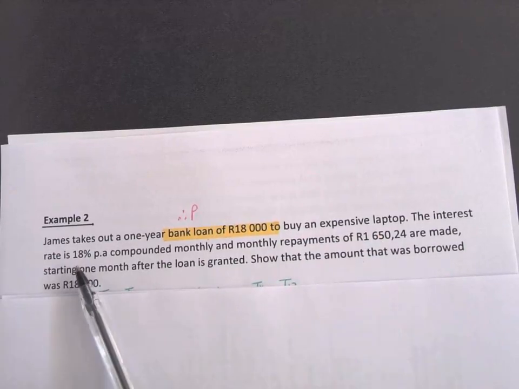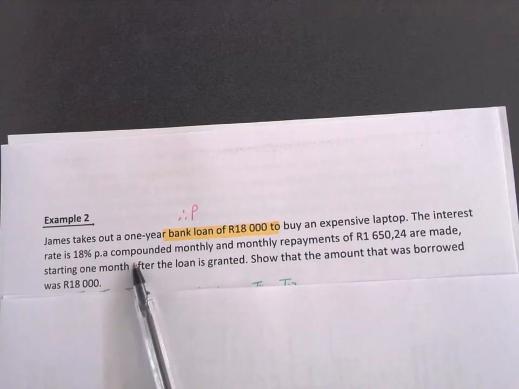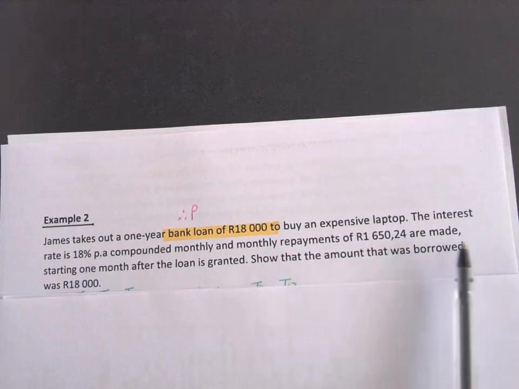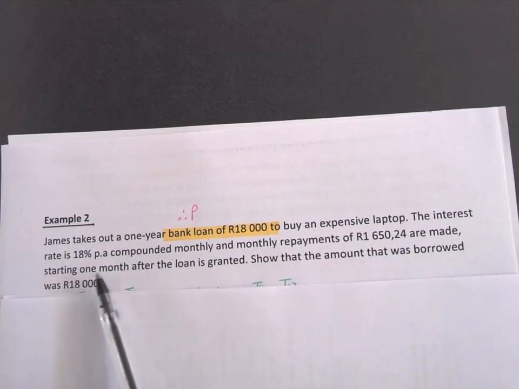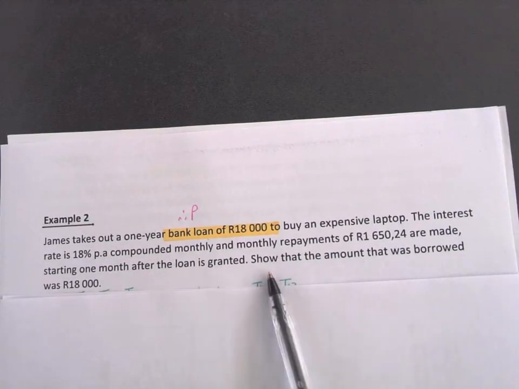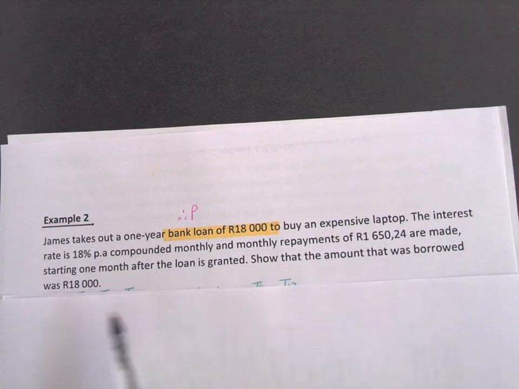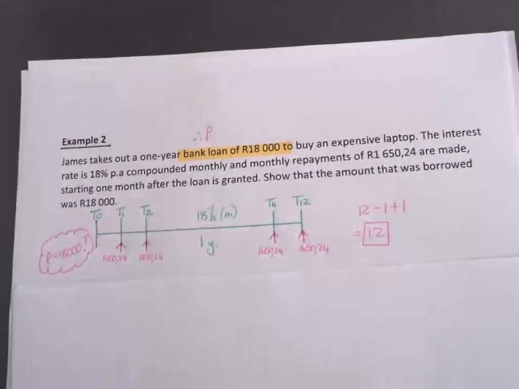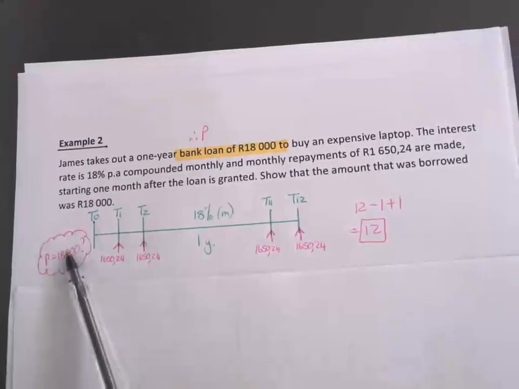The interest rate is 18% per annum compounded monthly, and monthly repayments of this amount are made starting 1 month after the loan is granted. That is normal. It should be like that. Show that the amount that was borrowed was 18,000. Therefore, we must do our calculations and work out P, and it should be 18,000.